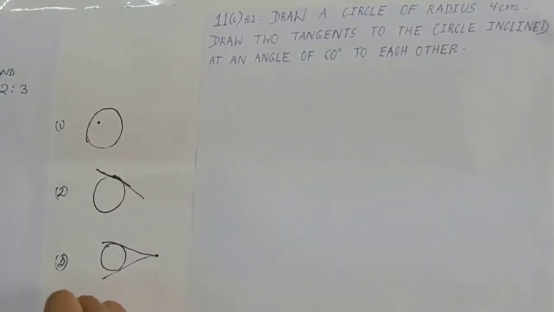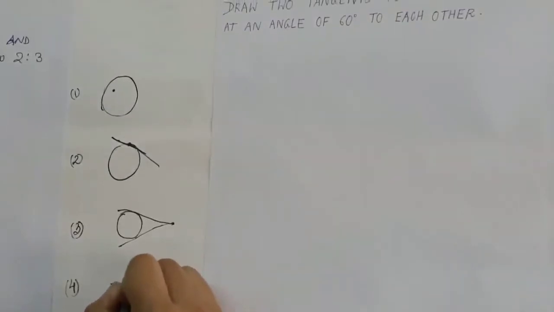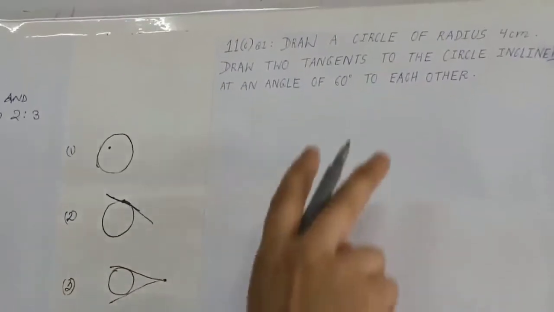Also, the fourth point is that when you have a circle, if suppose I draw a tangent at this point, the radius of this circle with this tangent will always make 90 degrees to the tangent. Okay, so here we have to draw.